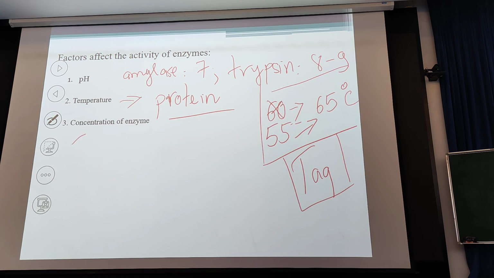The concentration of the substrate is more or less the same. When we increase the number of substrates, there are more chances of enzyme and substrates meeting. But if there is too much substrate, the reaction rate will not increase because we don't have enough enzymes. Okay.